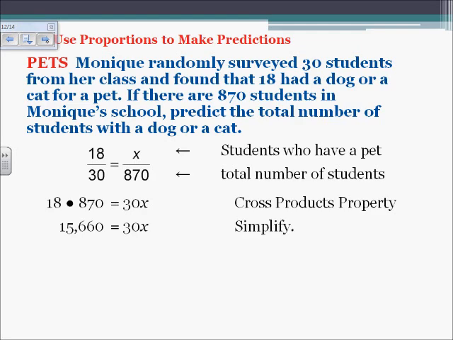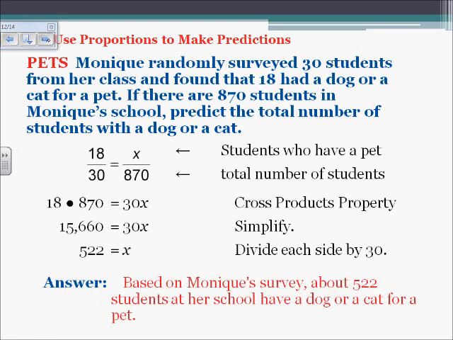Multiply and then divide. And we're estimating that there are 522 students in the school with cats and dogs, based off of the cat and dog owners in her class. So again, defining the ratios, setting up the proportion, and solving using algebraic expressions.